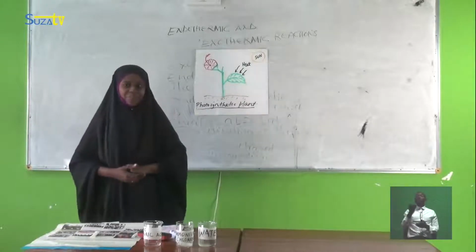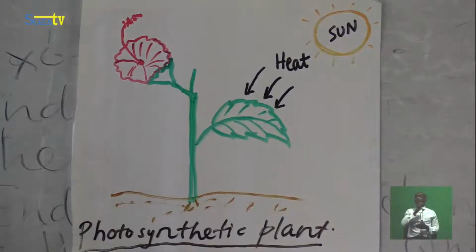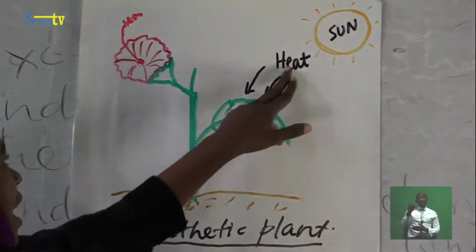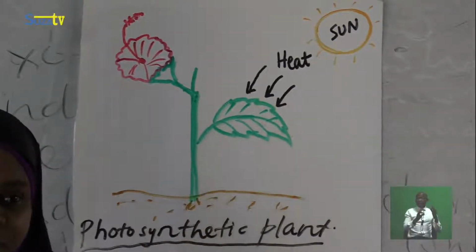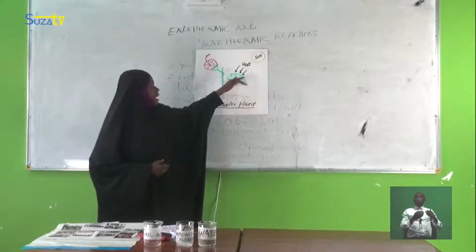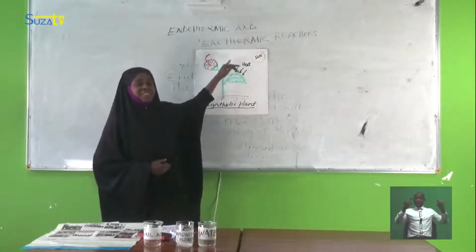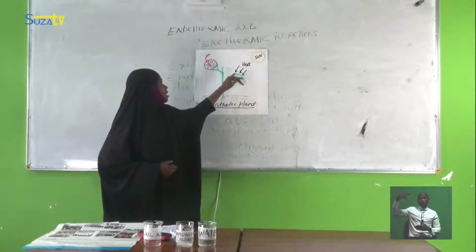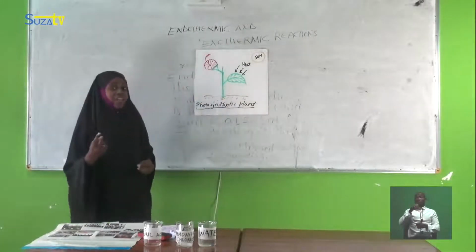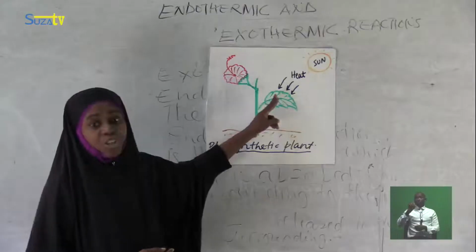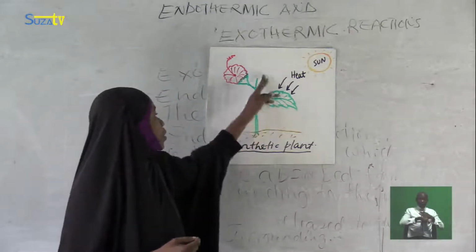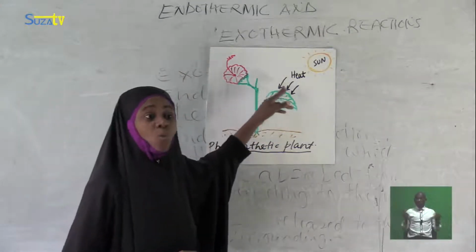Yes, Mariam: because heat is absorbed by the leaf from the surrounding to do photosynthesis, in which this heat is used to make food with the help of carbon dioxide and water.